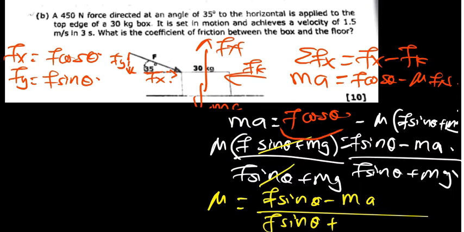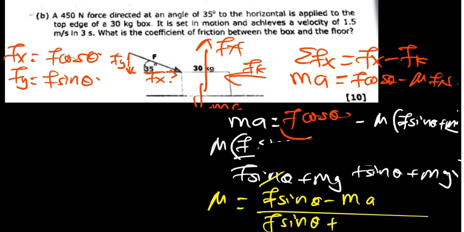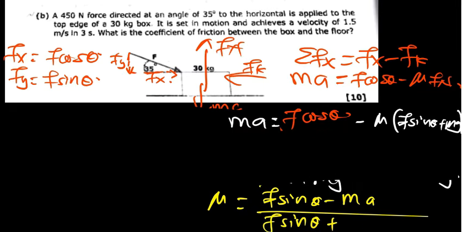So we can even start from here. In short, what we are trying to say here is the same formula, but this part here is supposed to be cos. This is supposed to be f cos theta, then this is the same.